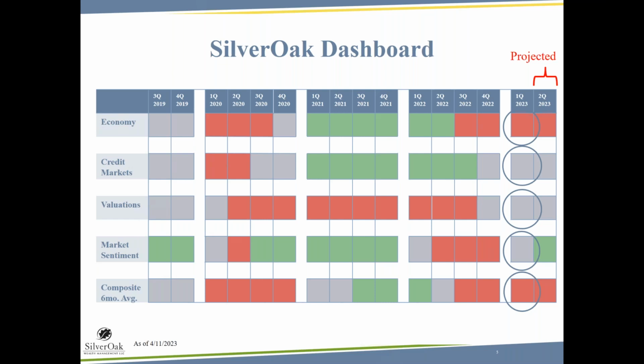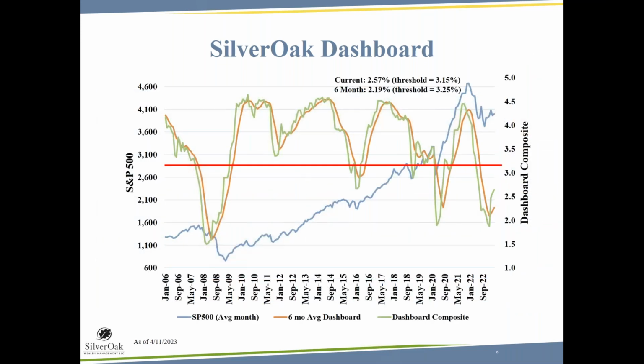Good. As we look at the dashboard, kind of trailing in where we are now, you can see to the far right that the trajectory actually flattened out and has started to improve.